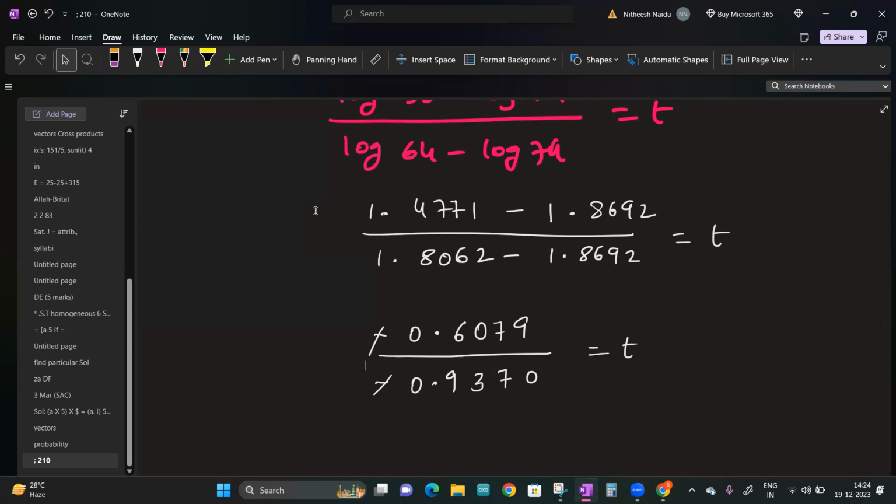Tell me fast, 2 by 3.2. 0.69. Okay. 0.6487.